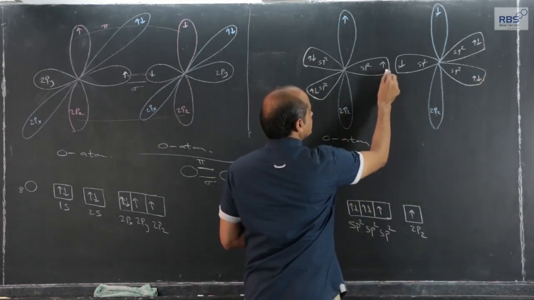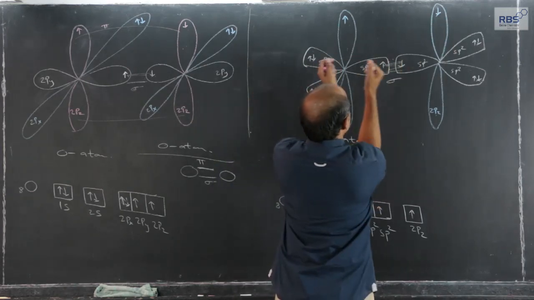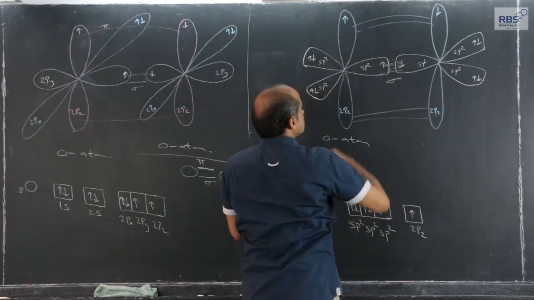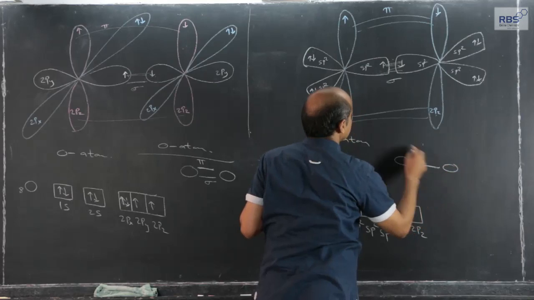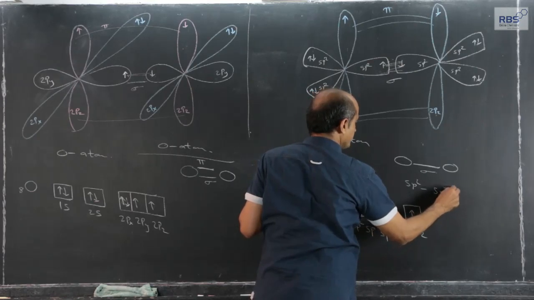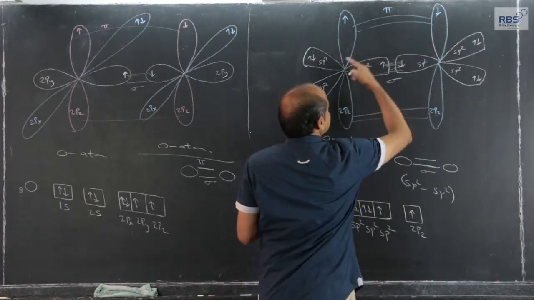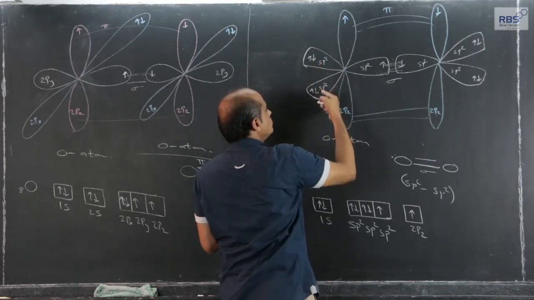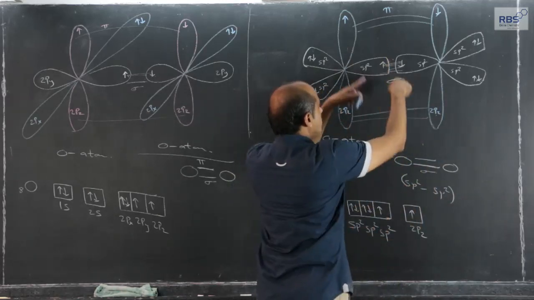And now, overlapping takes place between these 2 sp2 for a sigma covalent bond and pz for a pi covalent bond. So one sigma bond between 2 oxygen atoms is possible by coaxial sp2 overlapping, and one pi bond is formed by pz overlapping, and 2 lone pairs lie in the remaining 2 sp2 hybrid orbitals of each oxygen atom. They will not interfere in bond formation.